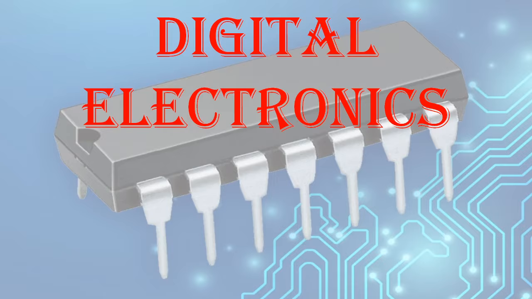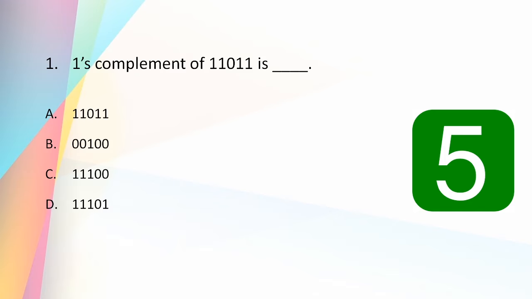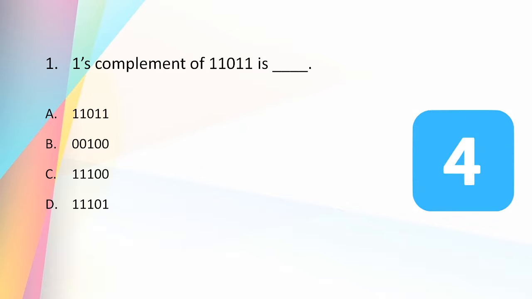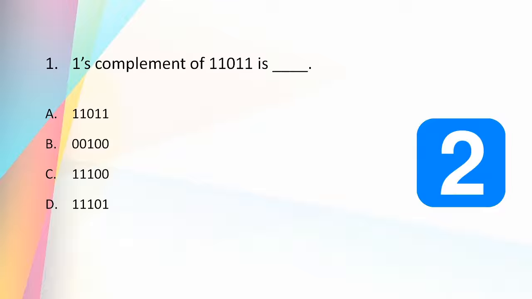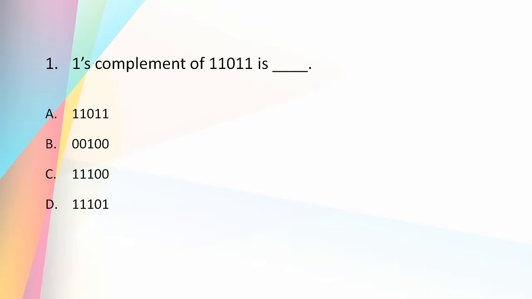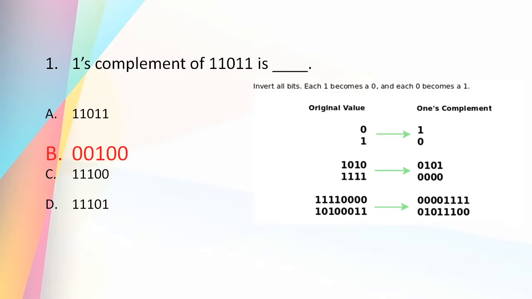Let us get started. 1's complement of 11011 is: 11011, 00100, 11100, 11101. And here you go. And the answer is 00100.